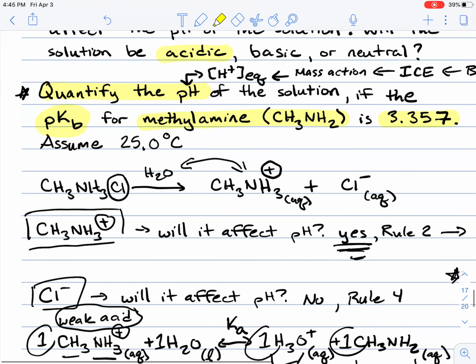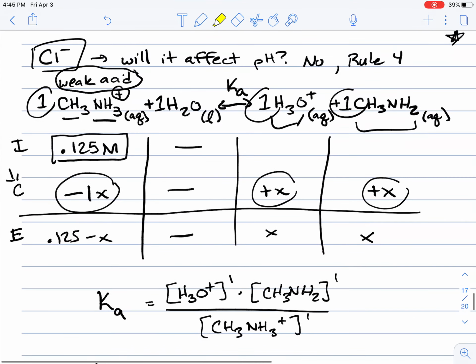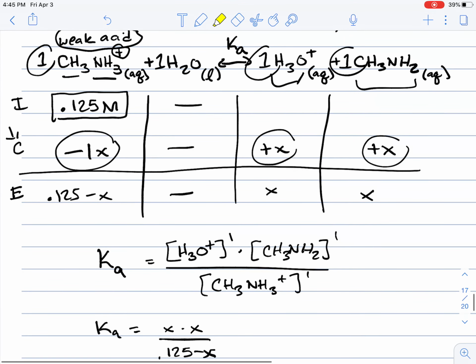CH3NH2, is 3.357. And so you as a student really need to be cognizant of what equilibrium values you are plugging into these mass action expressions. Notice that this equation, since we have an initial concentration of a weak acid, we must describe everything in terms of Ka, or the ionization of the acid.